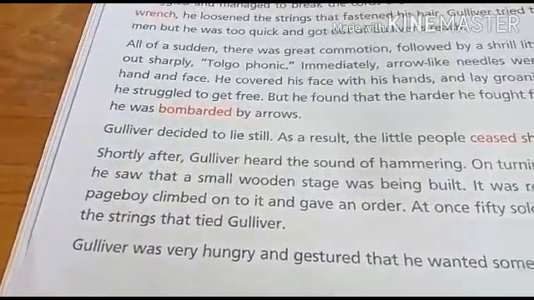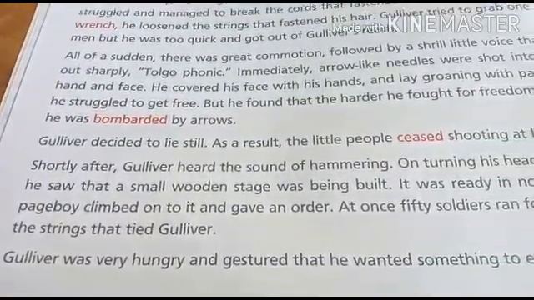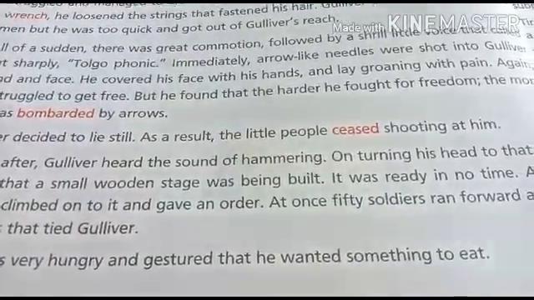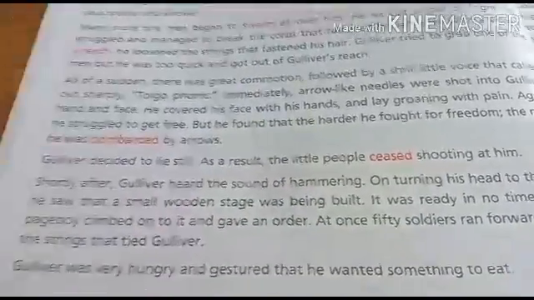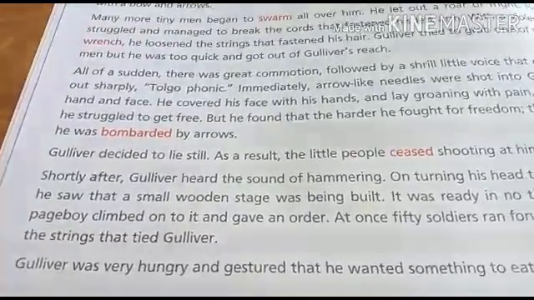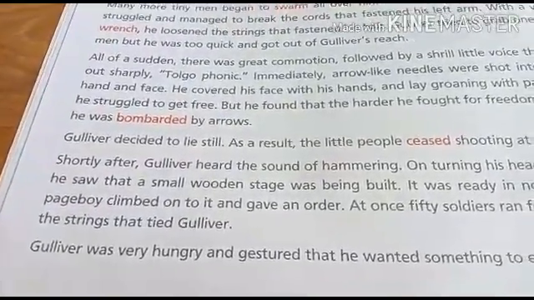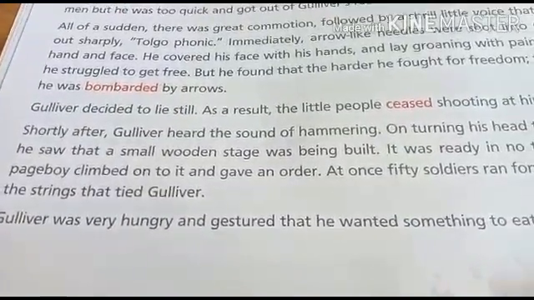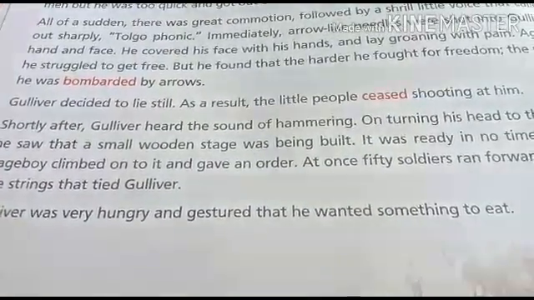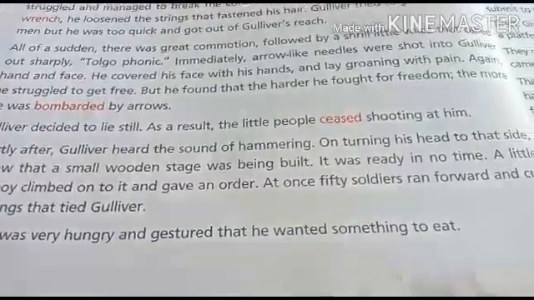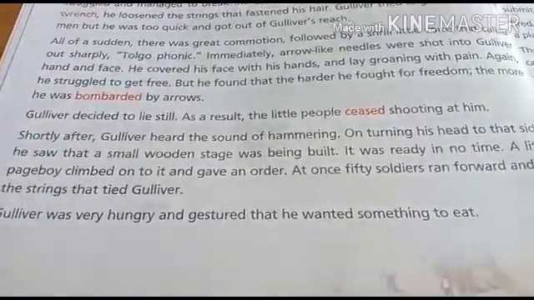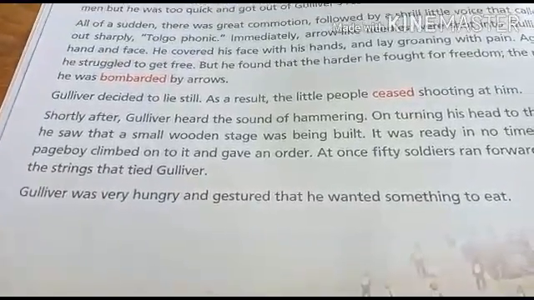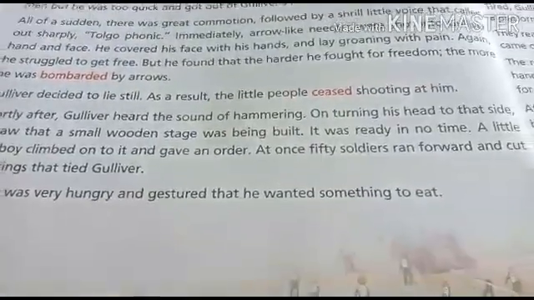Again he struggled to get free, but he found that the harder he fought for freedom, the more he was bombarded by arrows. Gulliver decided to lie still. As a result, the little people ceased shooting at him. Shortly after, Gulliver heard the sound of hammering.